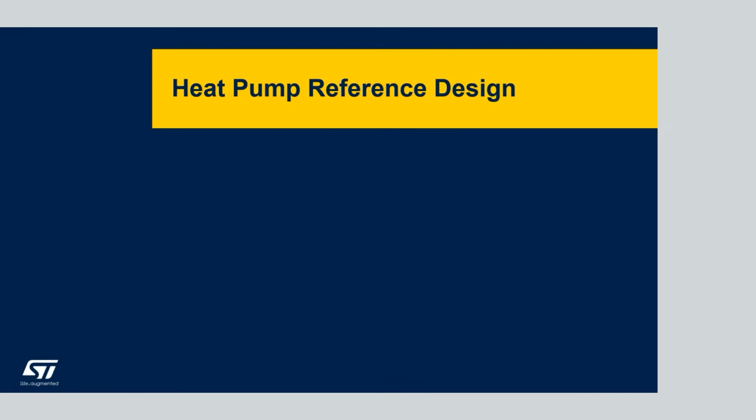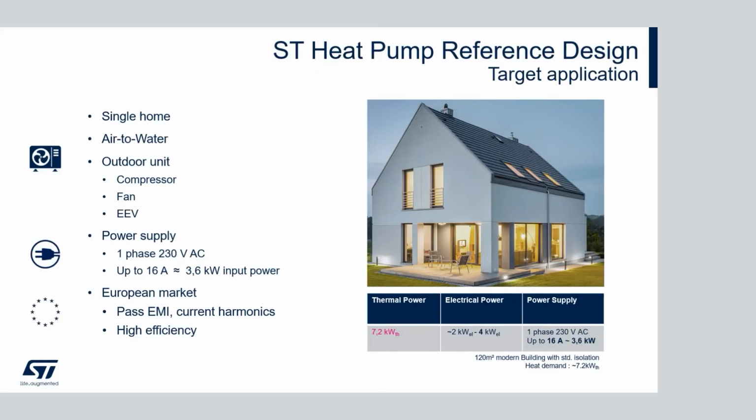Thank you. So, as soon as we in the application lab recognized this opportunity to help the manufacturers design in the power components more easily, we set out to design a reference design to help in this way.